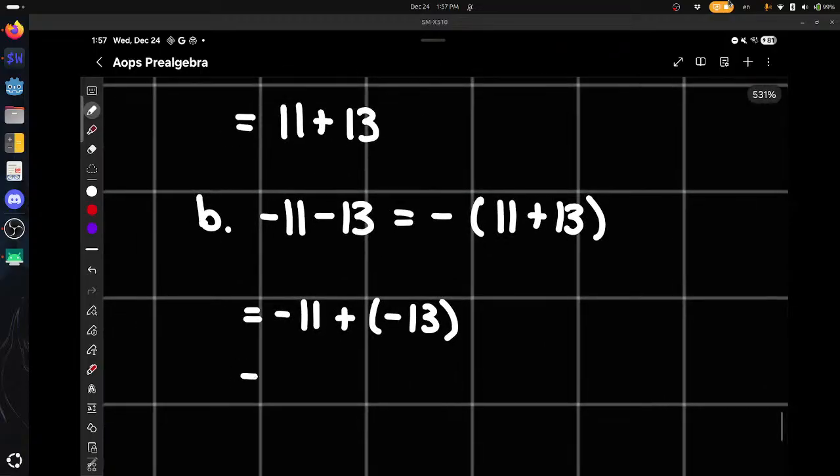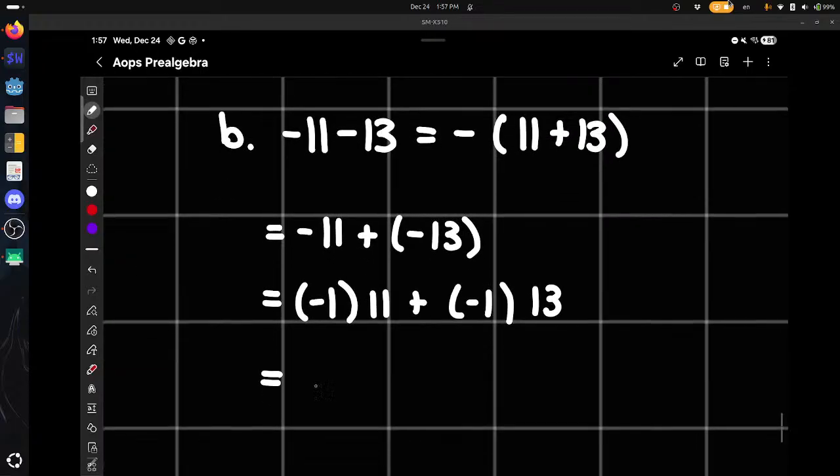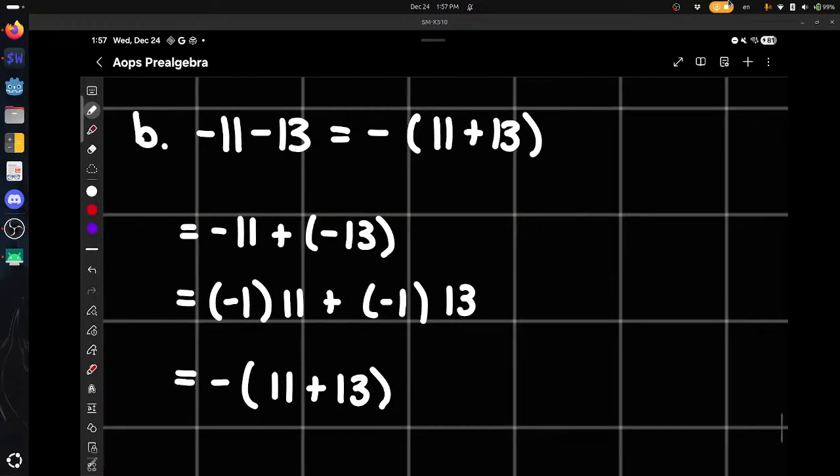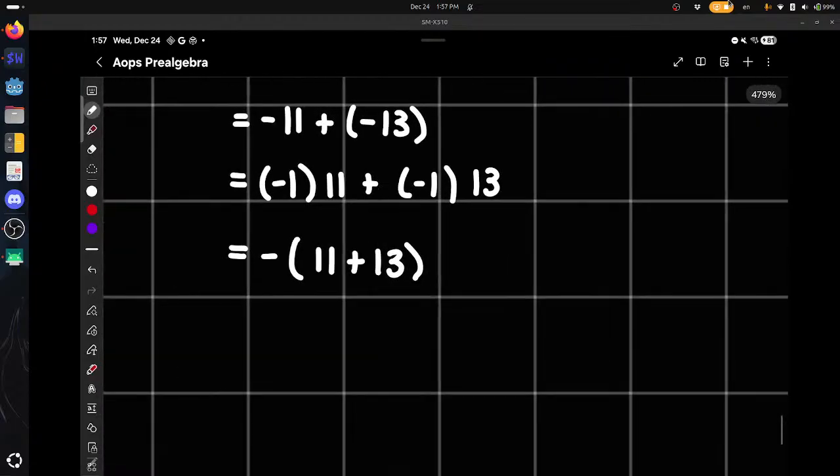And then we have this interesting property where we can actually take negative 1 times 11 plus negative 1 times 13. And then we can factor our expression now because we see a common factor, which is the negative 1. And then add our 11 and 13. Voila, we now come up with the same expression that was on the right hand side.